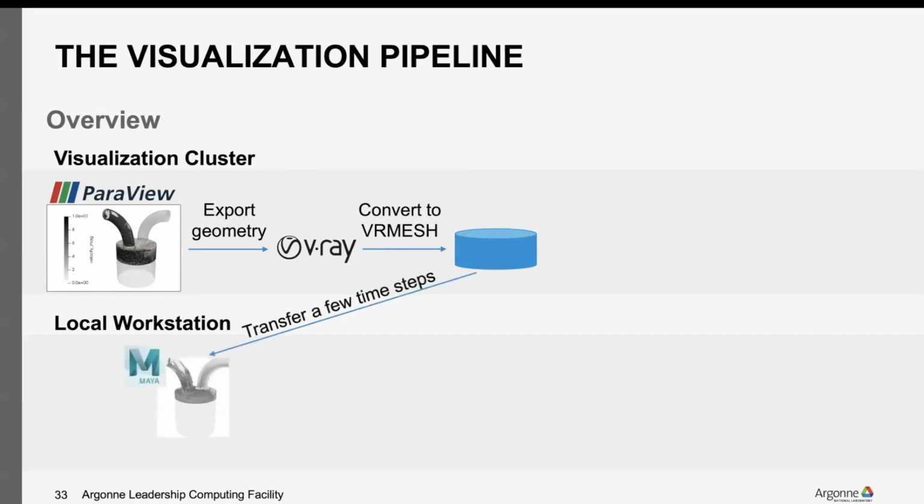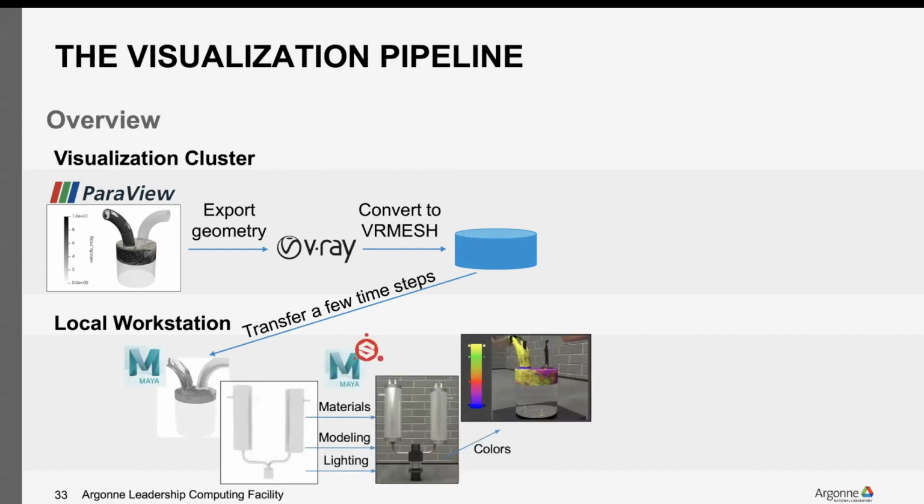Then we would move just a couple of time steps of that data to a local workstation where we could load it into Maya, again, this animation production tool, and use that to load materials, modeling, and lighting, right? Give it all that context that it was missing. Add colors to the simulation data.